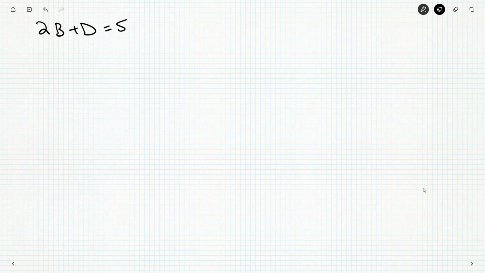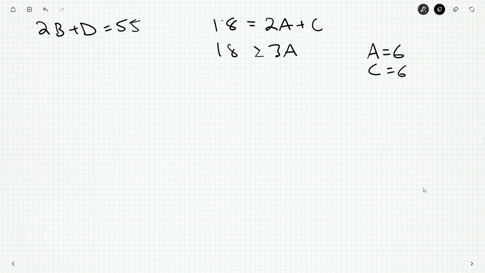2B plus D is 55. No carryover, in which case 18 is 2A plus C. There's no plus 1 there. So once again, 18 is greater than or equal to 3A. A could be 6, and that would make C 6, and that would definitely be better than the C being 7 from before.